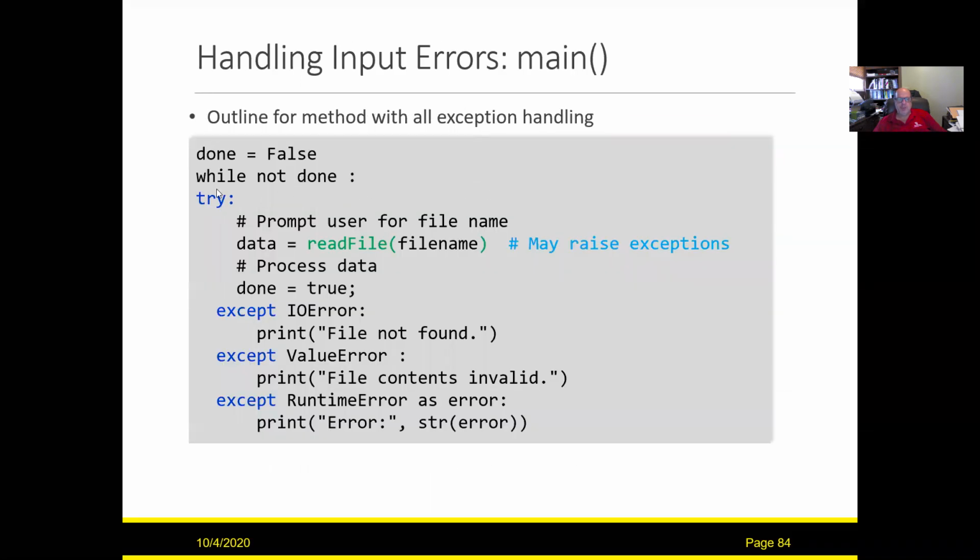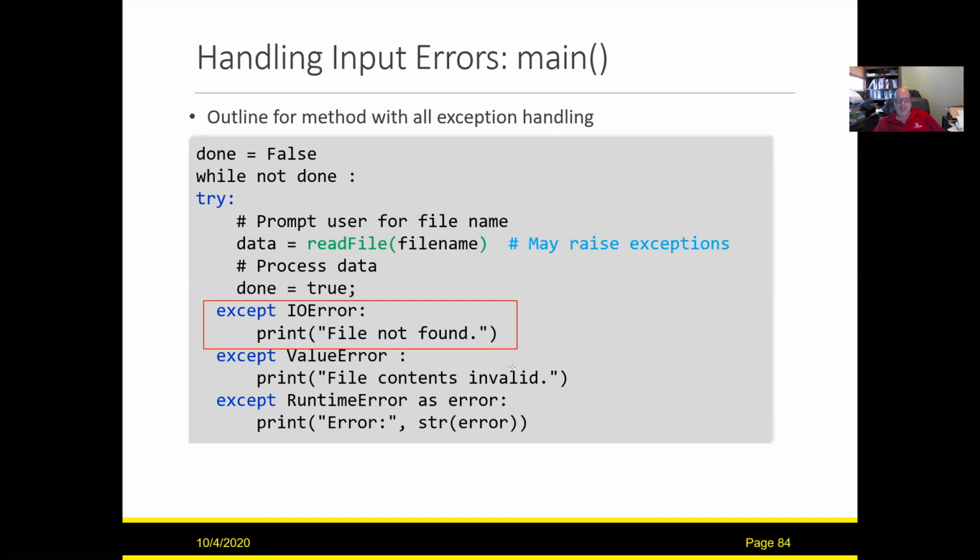So first, we're going to have a try. We're going to put these things together here. We can move them to different locations, but just for practice for now. The first thing that we think is going to happen is an IO error. So that's where we come down here for the IO.